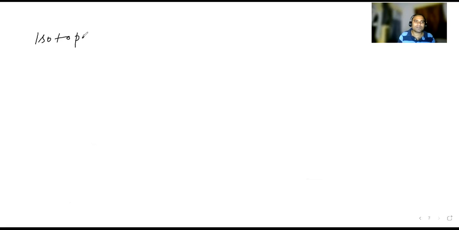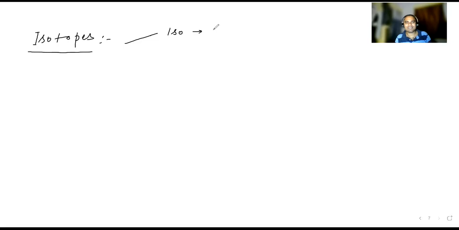Isotopes. What is isotopes? Can you tell me? It's like the same element, but... I'm not really sure what the main difference is, but I know there are multiple isotopes of carbon, for example.